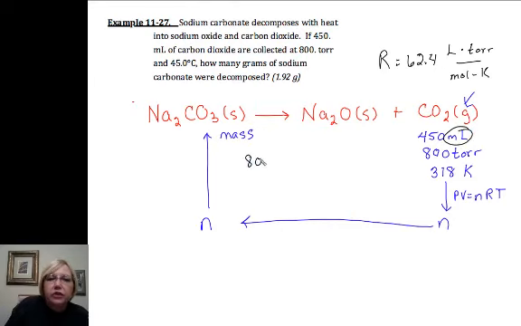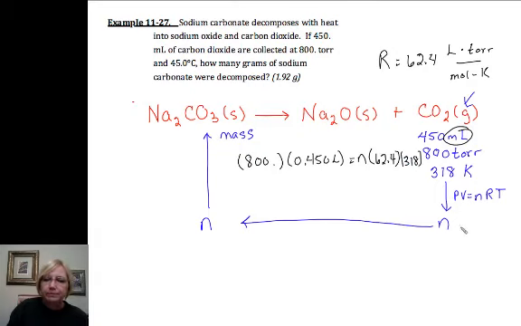So I have 800 torr, and that's 0.450 liters is equal to our moles times 62.4 times 318. Squeeze that in there. So my moles of CO2 is 0.0181 moles.